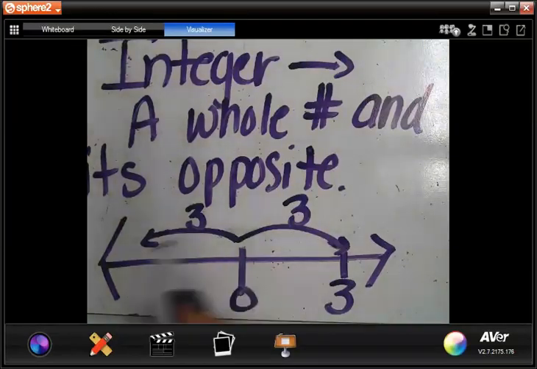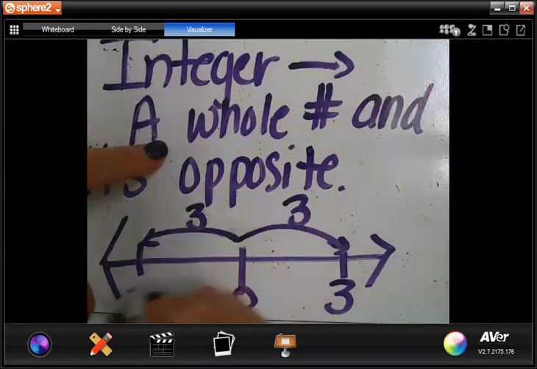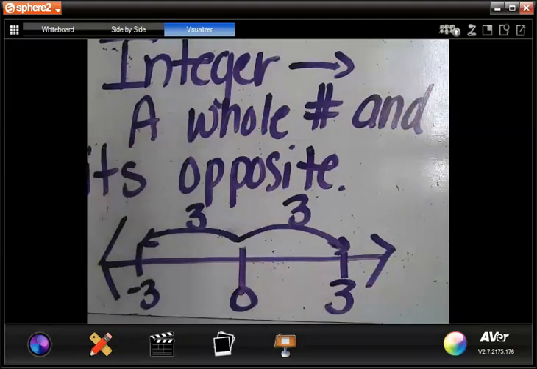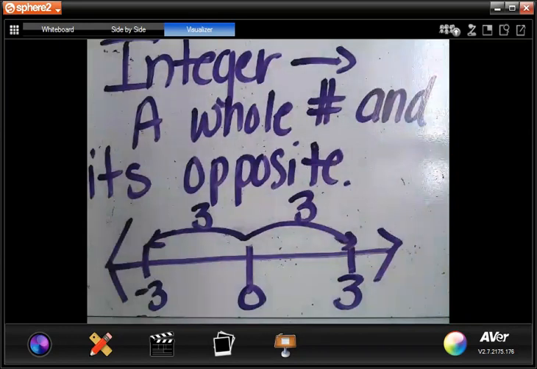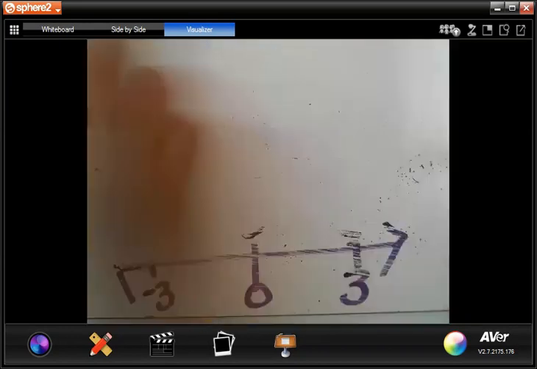If I go 3 units in the other direction, into the dark side because it's negatives, I land on -3. So -3 and +3 are called opposites, because they're on different sides of the number line, but they're both the same distance away from 0.